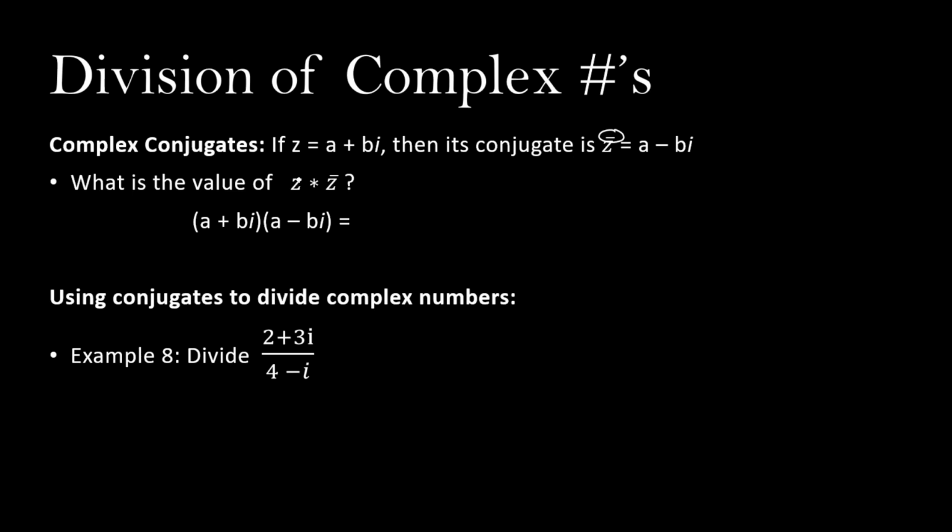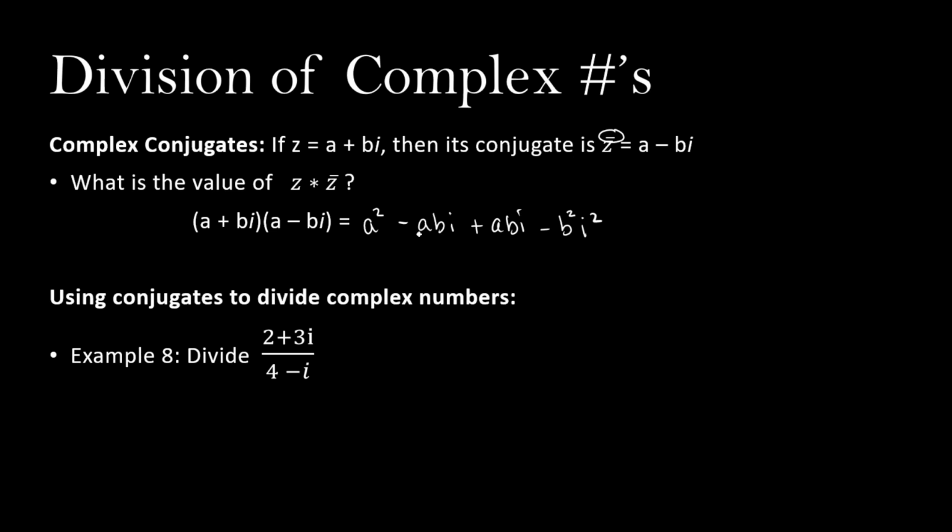Well, when we multiply a value times its conjugate, watch what happens when we FOIL this out. The first is a squared. The outside is a bi. The inside is a positive a bi. And the last is minus b squared i squared.